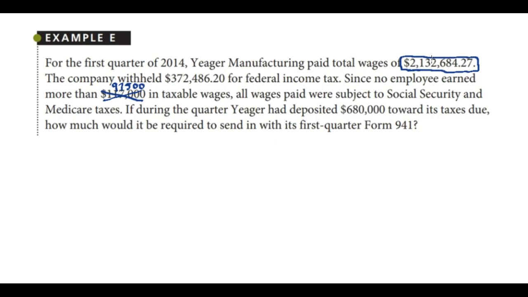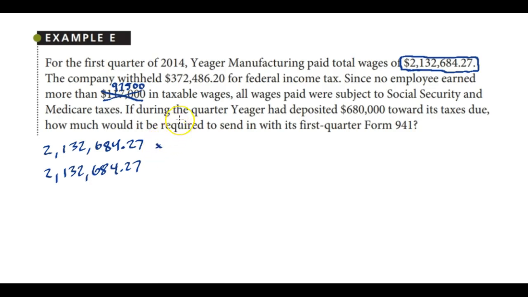So the gross wages is 2,132,684.27. Since no one made over the threshold, I'll just change the number to 97,500. No one made over that amount. This is the total for all the employees, so adding them all up is this 2 million number. I'm going to write it twice because we have to figure out how much the employer is going to be sending off in the Form 941.